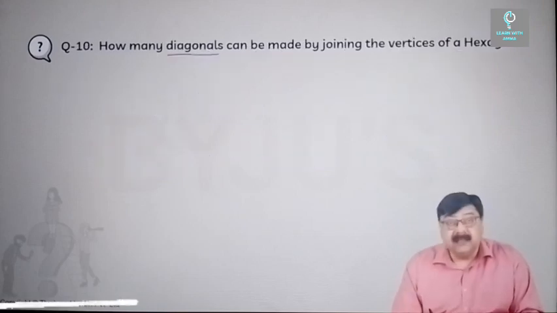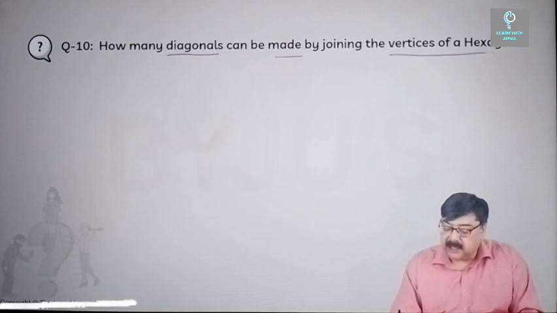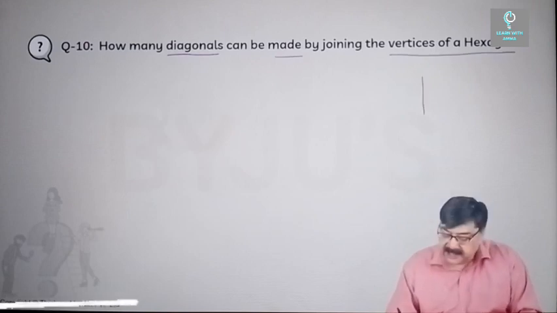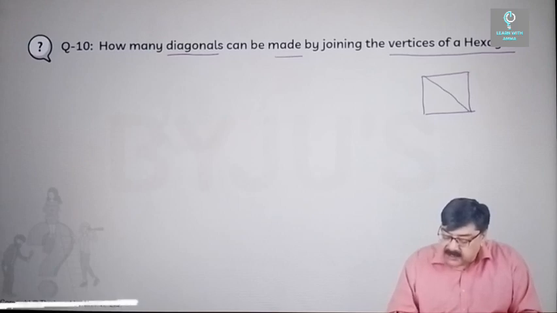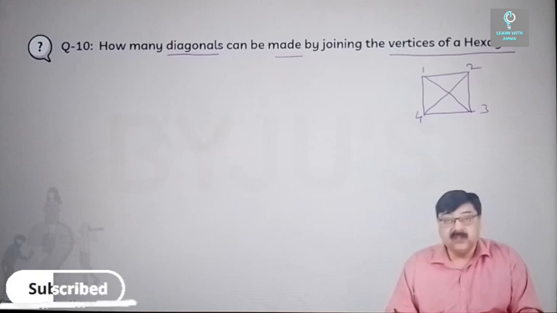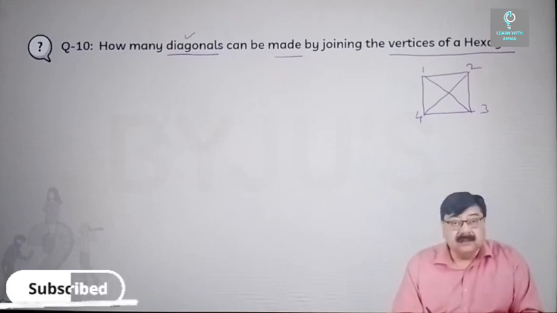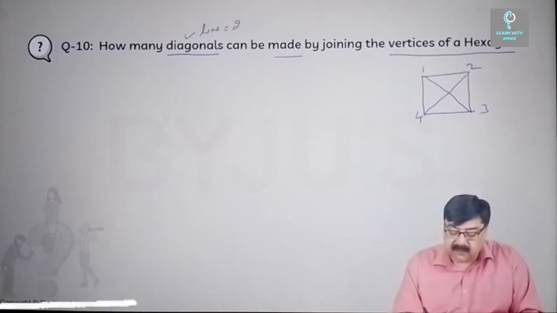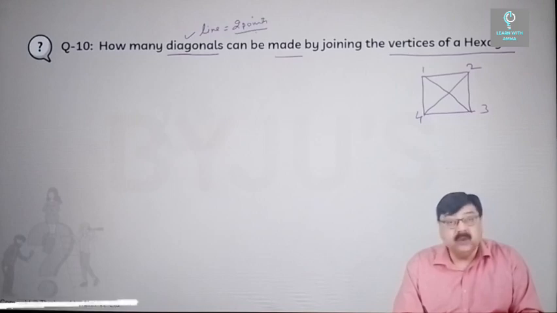Now, how many diagonals can be made by joining the vertices of a hexagon? Once again, I would take the example of a square. Now, there are only 2 diagonals, as you can see here. And there are 4 points given to us in a square. When we talk about a diagonal, it's a line which is formed by joining 2 points or 2 vertices.